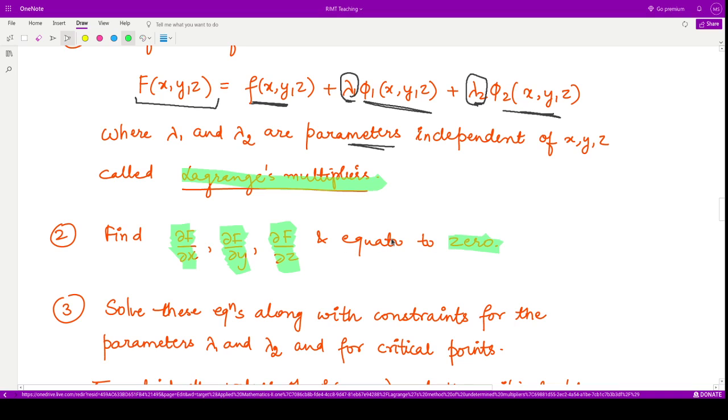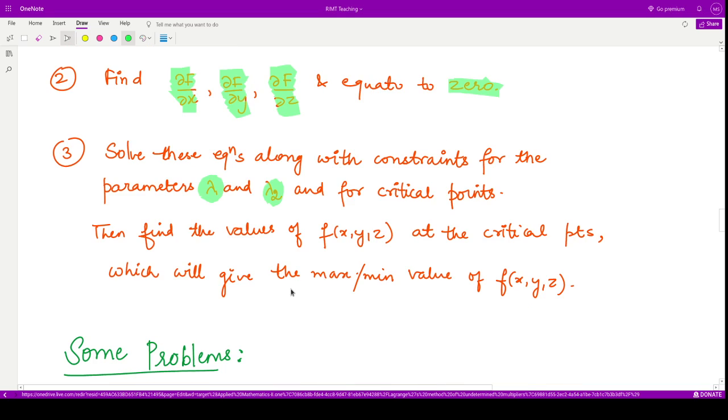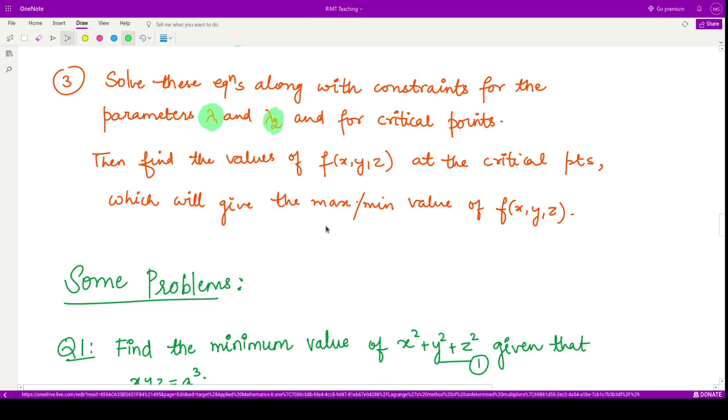Once you equate them to 0, you have 3 equations in 3 variables. We solve these equations along with the constraints for the parameters lambda 1 and lambda 2 in order to calculate the critical points, and then the values of the function f of x, y, z at the critical points.